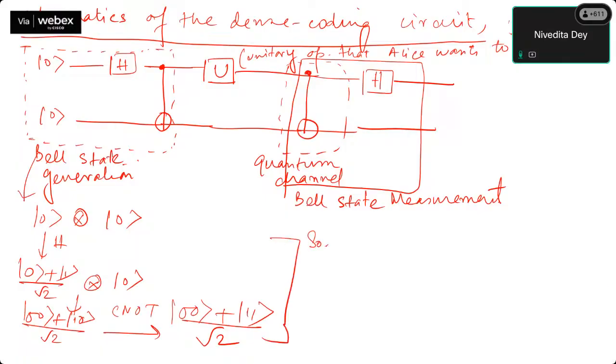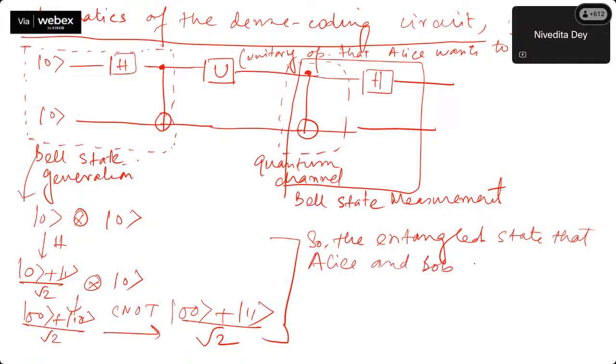So the entangled state that Alice and Bob both share is 00 plus 11 by root 2.